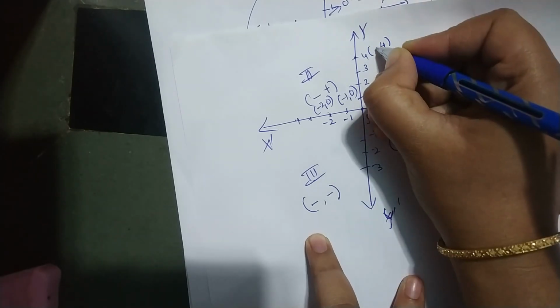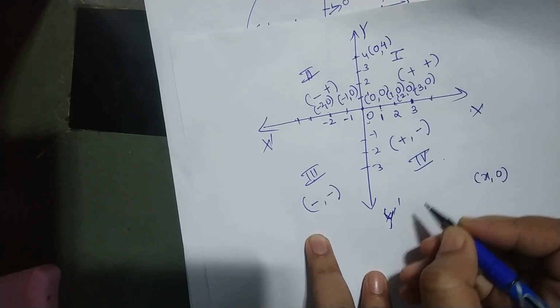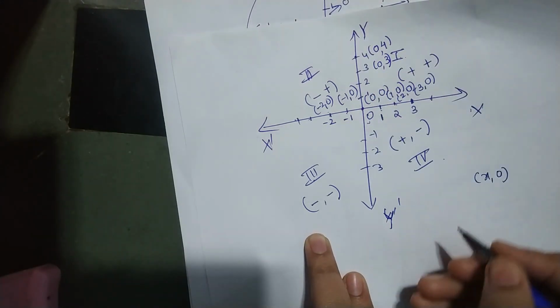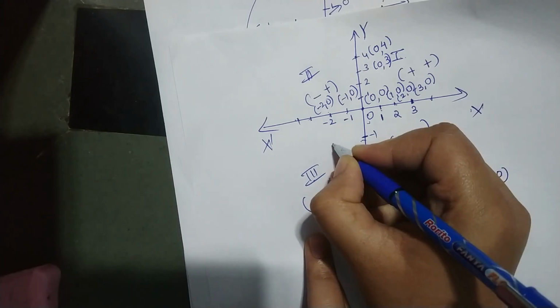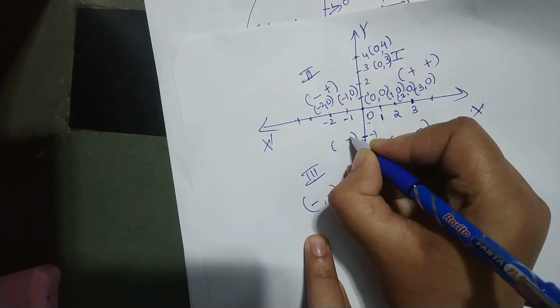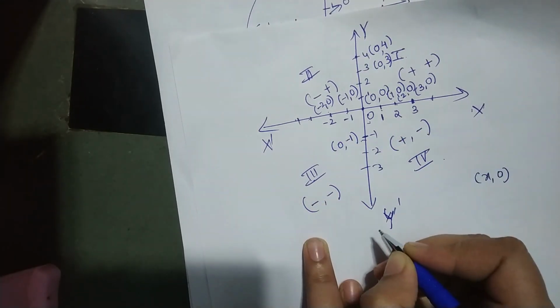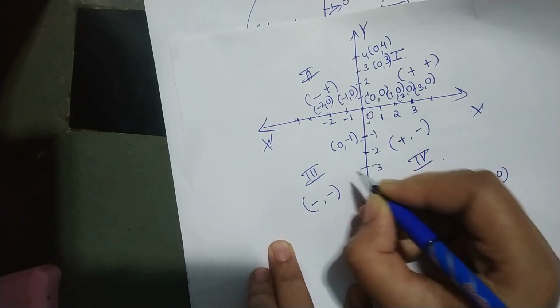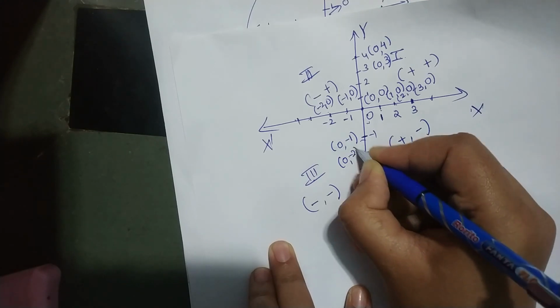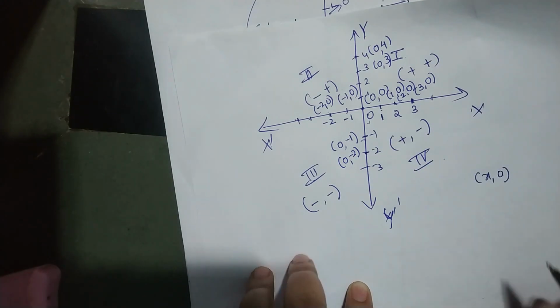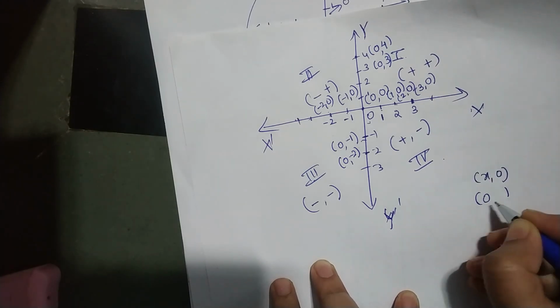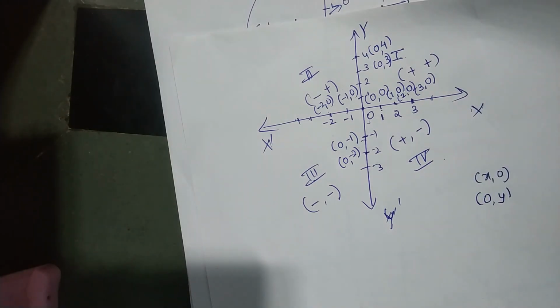The y value is present and the x value is 0. Similarly, y is equal to -1, the y value is present and the x value is 0. What are the coordinates for y equal to -2? That is (0, -2), and so on. Therefore, the coordinates of any point on the y-axis are of the form (0, y).